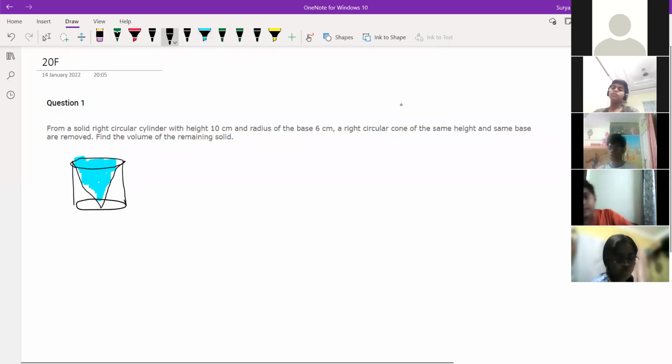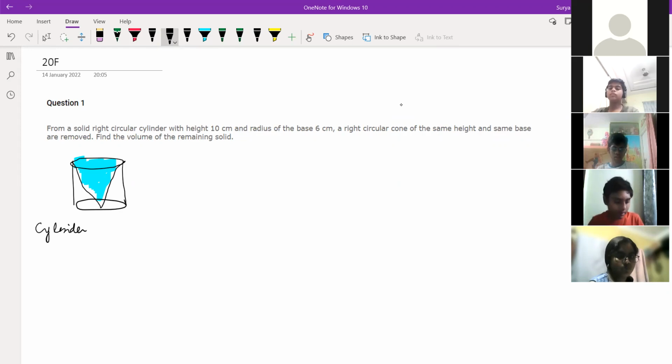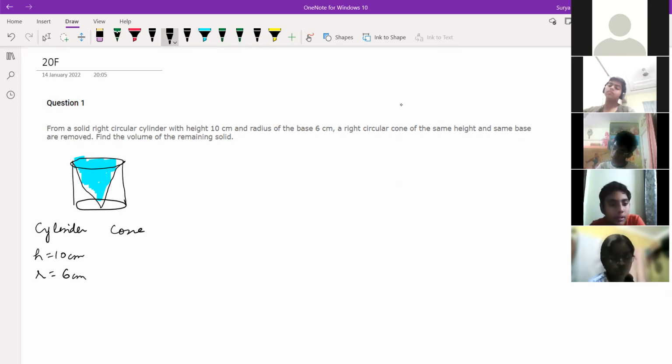Okay. So I'm just writing in two parts. Once I'm writing cylinder and here I'm writing cone. The cylinder height is 10 centimeter, radius is 6 centimeter, and the cone height is the same 10 centimeter, radius is 6 centimeter.